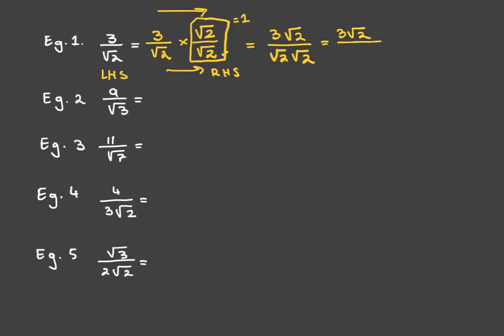Now we do have 2 lots of square root of 2. If you remember the index law, instead of repeating itself, we can have a simplified version of this. For example, a times a is the same as a to the power of 2. So we can do the same here, square root of 2 over 2.